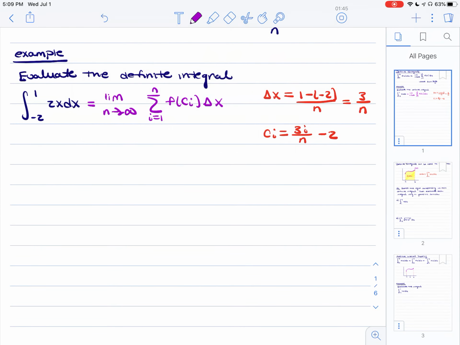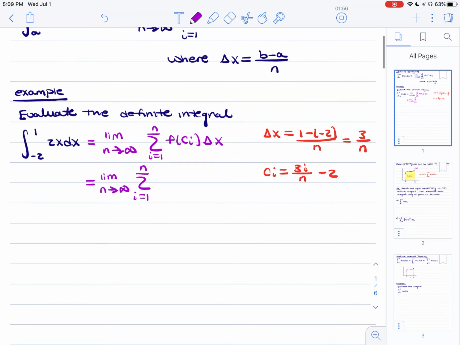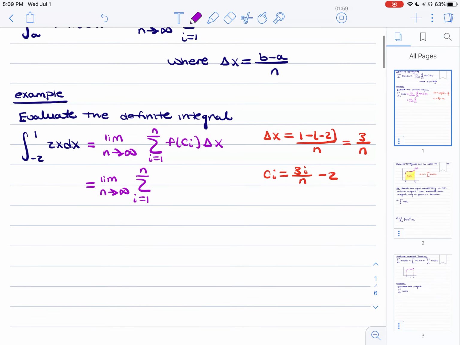All right, so then this is going to turn into the limit as n approaches infinity of the sum from i equals 1 to n of, our function was 2x, so 2 times 3i over n minus 2, times our delta x, which was 3 over n.